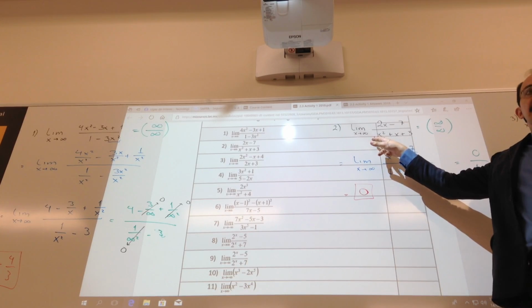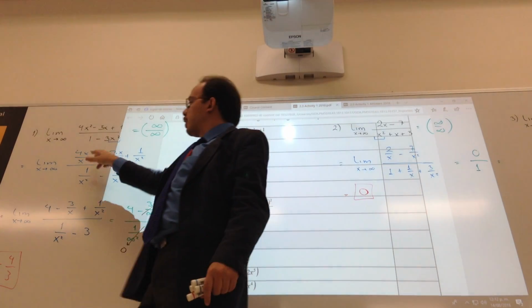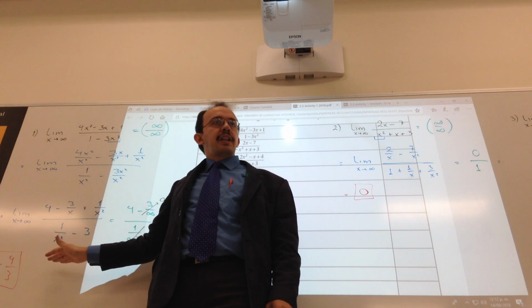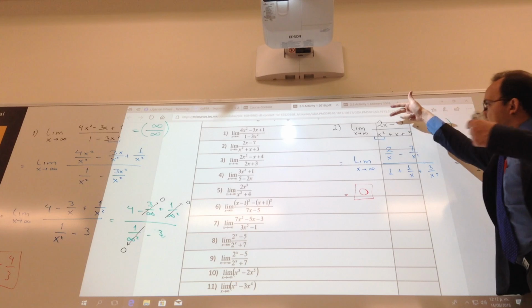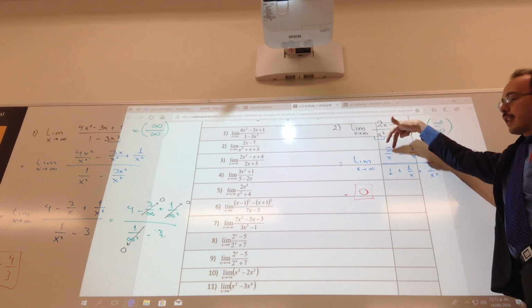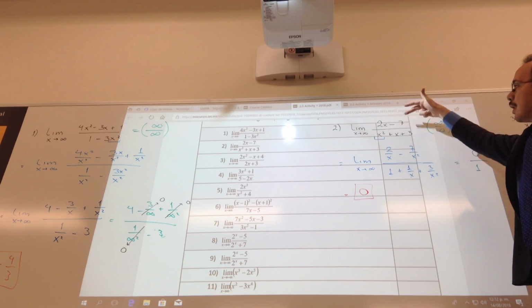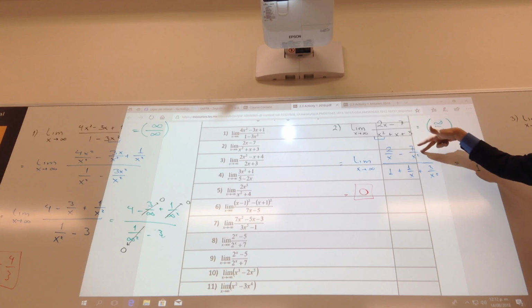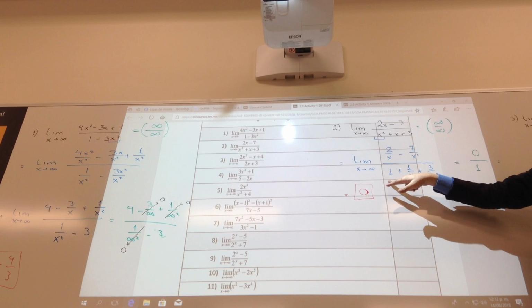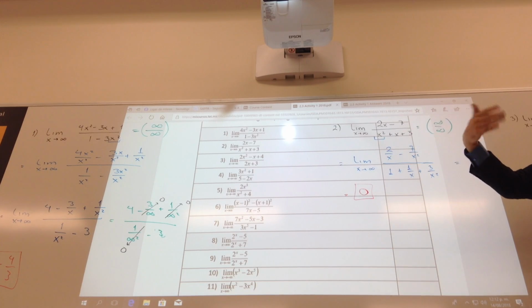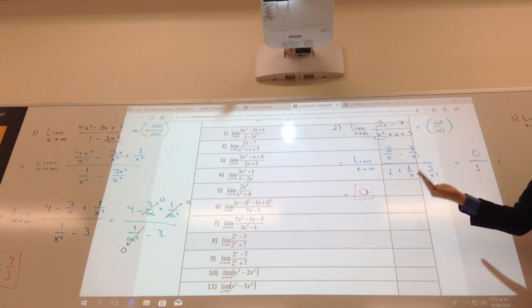I just skip one step. I skip the step of dividing and jump into the simplification directly. That's what I did. Exactly. So by dividing 2x over x squared, you're getting 2 over x. By dividing 7 over x squared, that's what you get. X squared over x squared, 1. If you want to do it step by step, do it. I'm just giving you a way to save time.